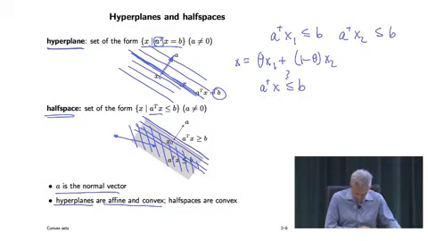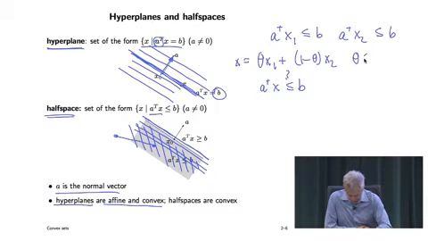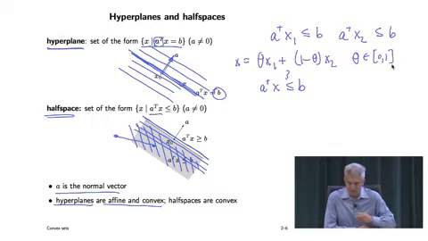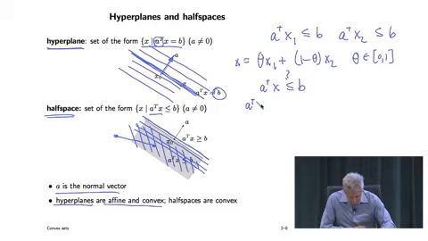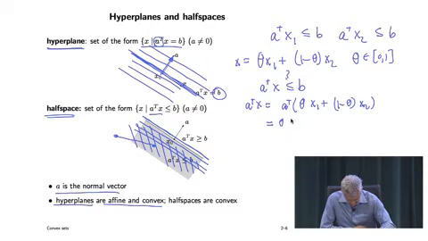And if that's true, then because x1 and x2 were arbitrary and theta was arbitrary between 0 and 1, I didn't say that actually, but I am now. If we verify this, then we'll have verified that a half space is a convex set. Well, a transpose x is nothing but a transpose (theta x1 plus (1 minus theta) x2). And sure enough, this is theta a transpose x1 plus (1 minus theta) a transpose x2.